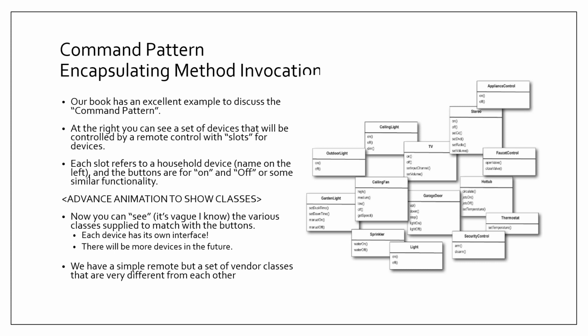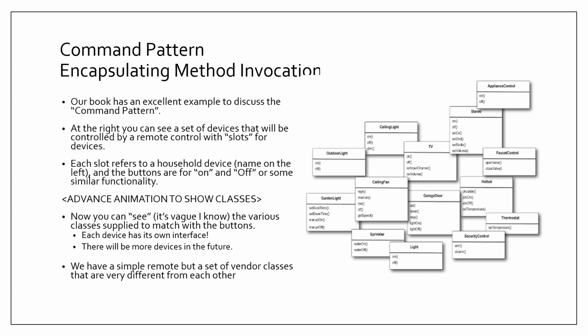And so it's a problem because the person who's making the remote control now has to have this huge amount of knowledge about all these guys. He has to know how to call the different methods in every different class. And so two problems come up with that.